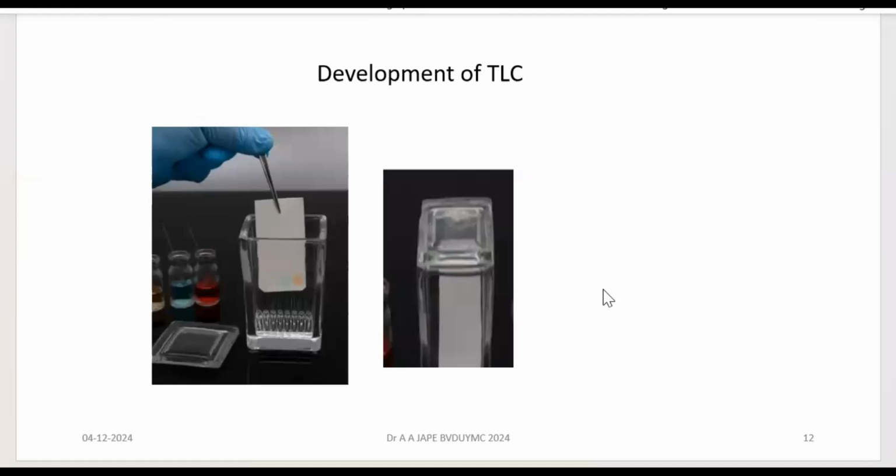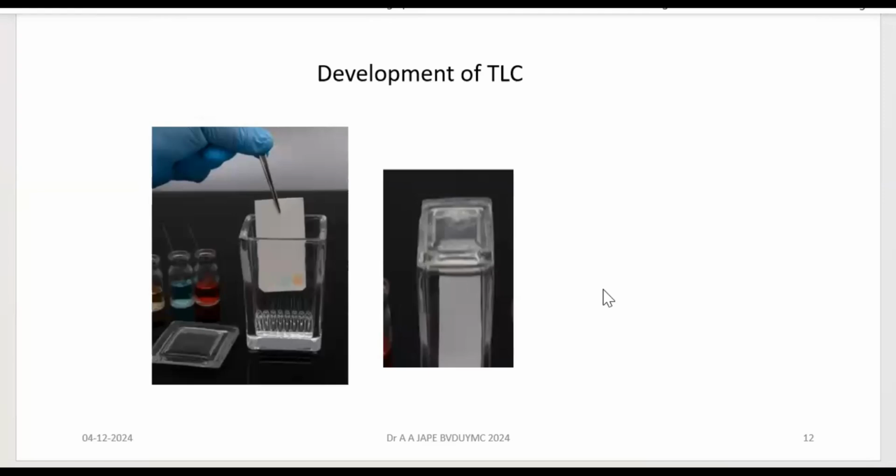So the solvent system which is prepared will equilibrate the interior of the glass chamber. That is, the vapors of the solvent system will saturate the glass chamber, which is very essential. So, if the number of components in a solvent system are many, then complete and good saturation of the chamber will be difficult.